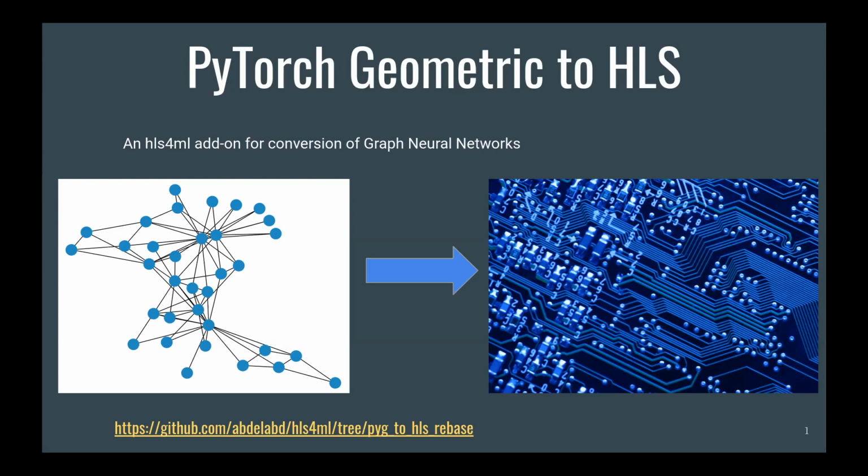This has been a needed project for us because we have a variety of different graph neural networks that are written in PyG, and a lot of our approaches for actually implementing and putting them on FPGAs is done in HLS. And so Abdel has written us a nice little converter for some of the modules. I think that's about it.